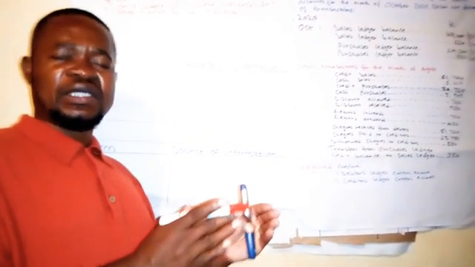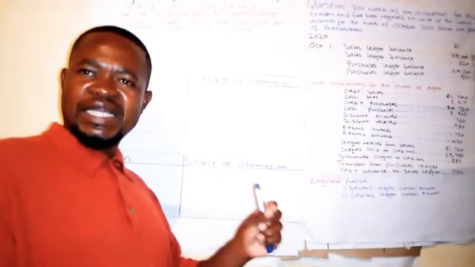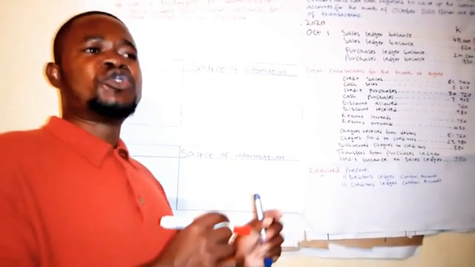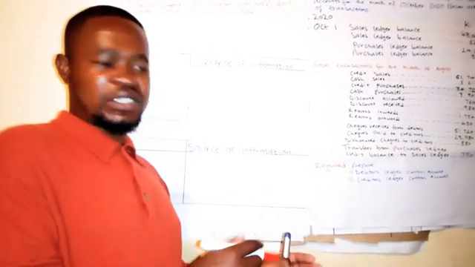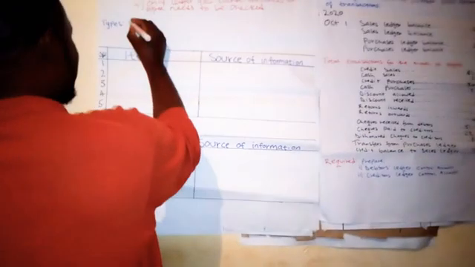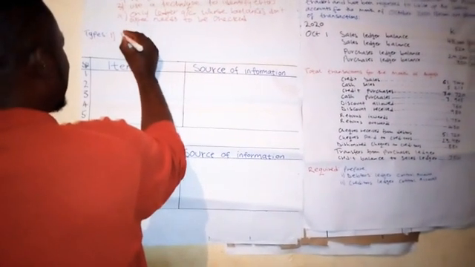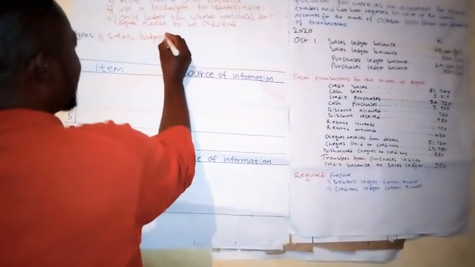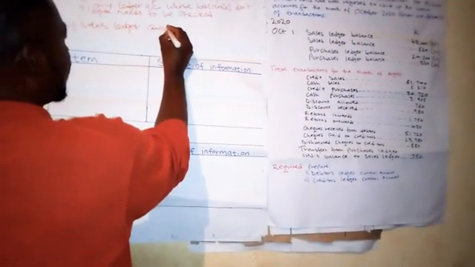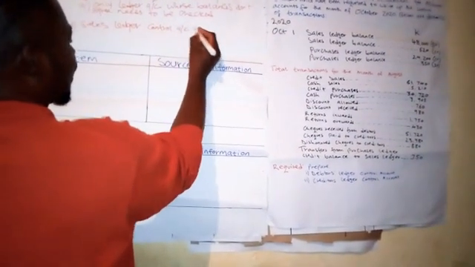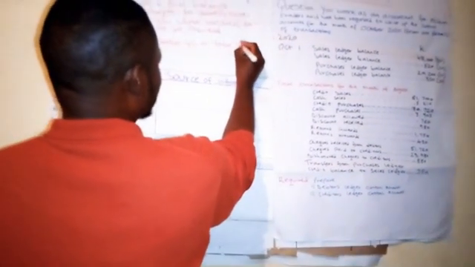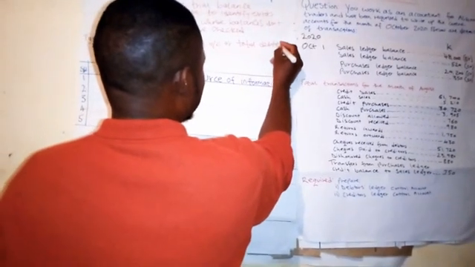This one, that is for the sales ledger, is known as the sales ledger control account or total debtors account. Okay, so we can write here the first type is the sales ledger control account or total debtors account.